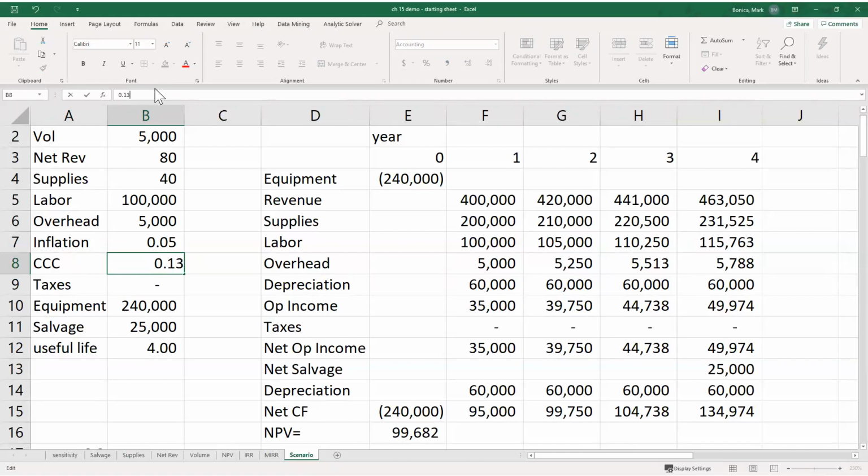It would actually be 13%. And what happens when we increase the corporate cost of capital from 10%, or in this case, it's no longer the corporate cost of capital, it's the adjusted corporate cost of capital, from 10 to 13? Well, maybe you didn't see it, but the NPV dropped.